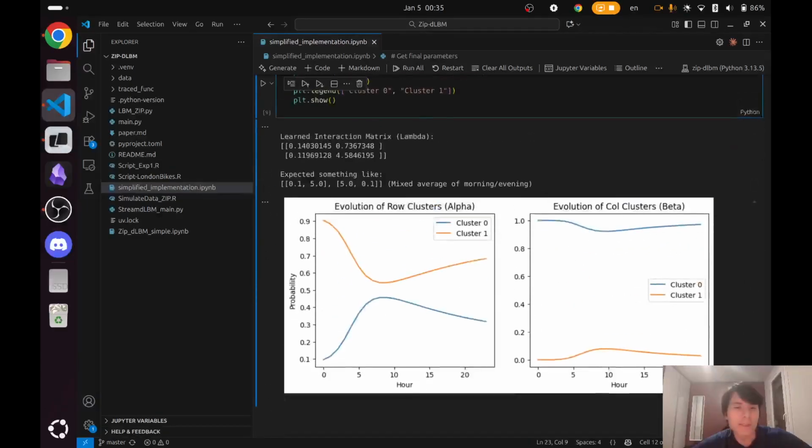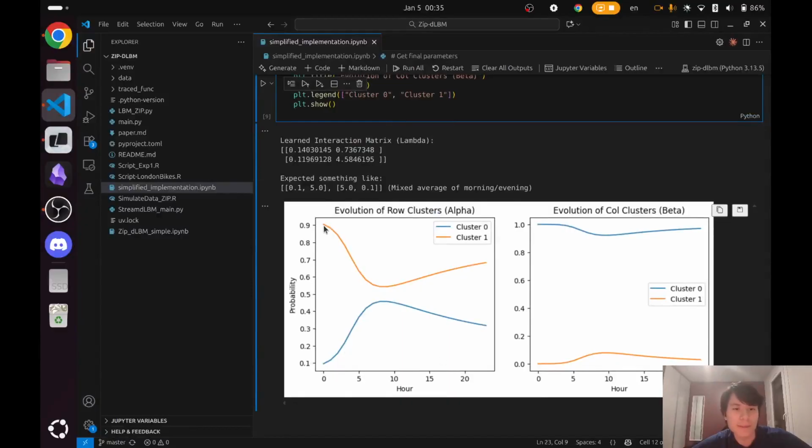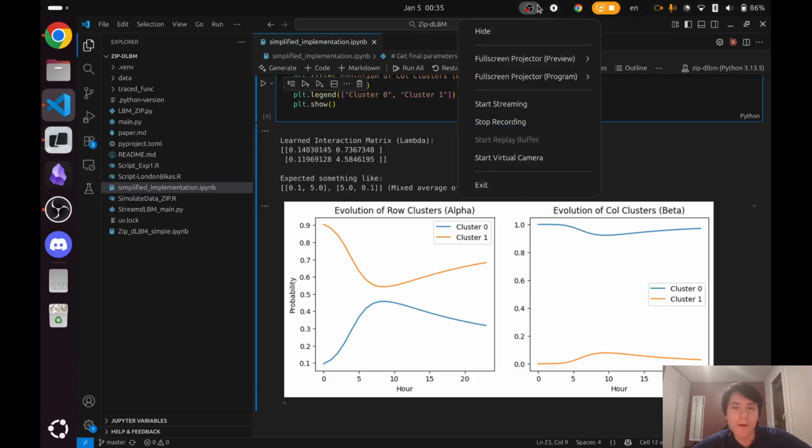So it is reflected in the way the model assigns the probabilities. At these times the probabilities are pretty much differentiated. Then they are not that clear, and then they get clearer again, and it is also able to differentiate the column clusters, right? And that's basically it. The code is in my GitHub.